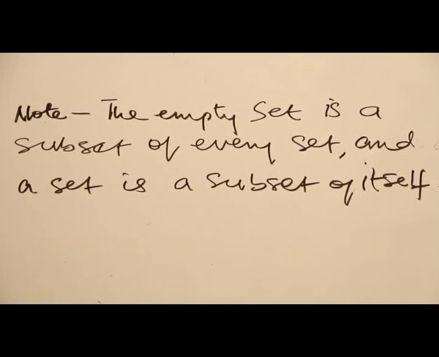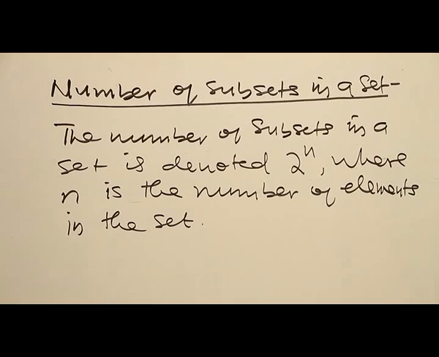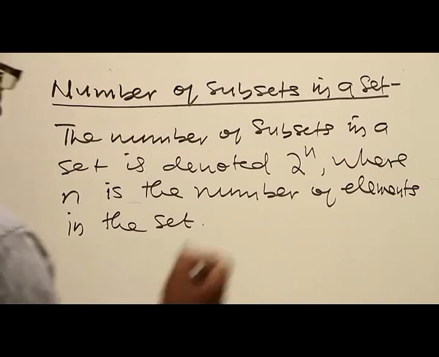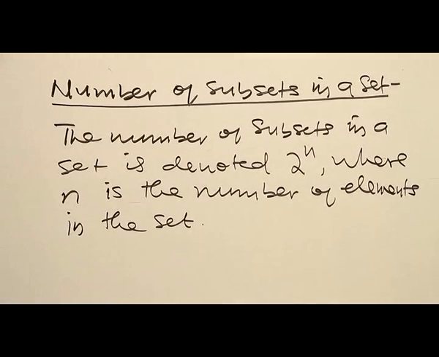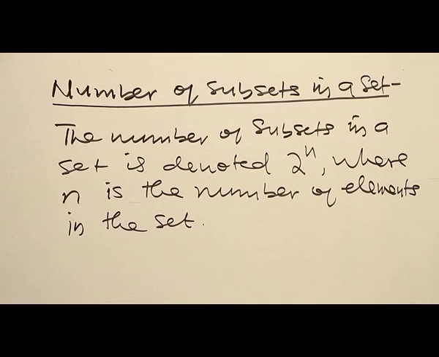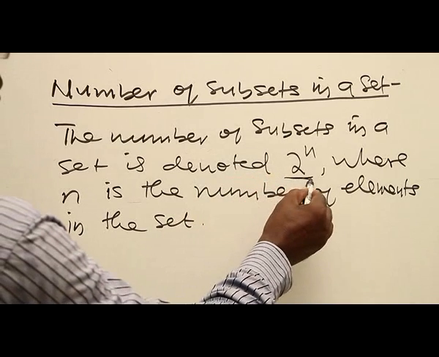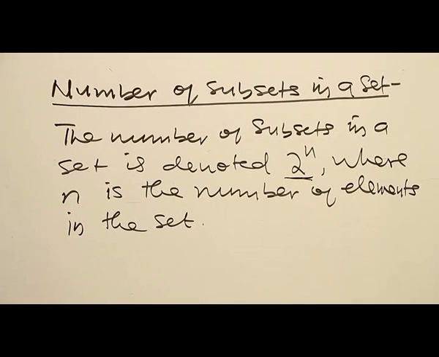You discover that 1, 3, and 5 was a subset of that set, and then of course the empty set is also a subset of that set. The number of subsets in a set is denoted by 2 raised to power n, where n is the number of elements in the set.